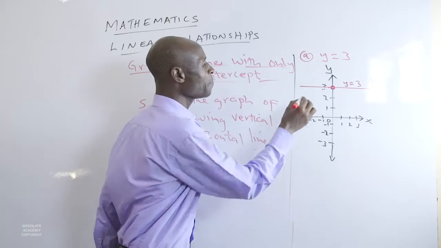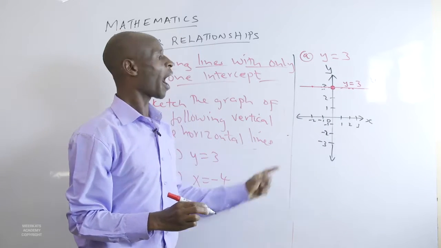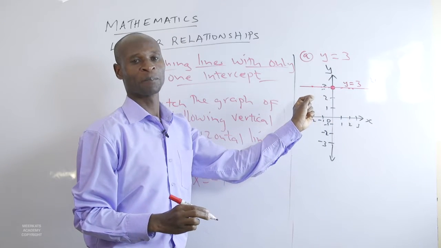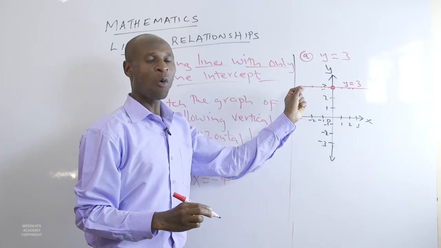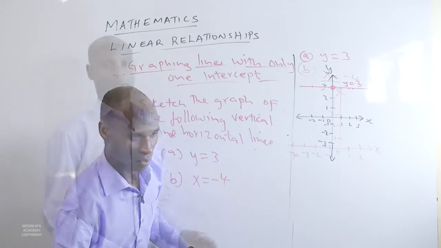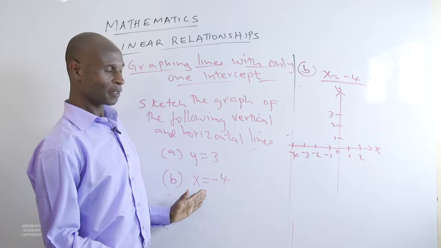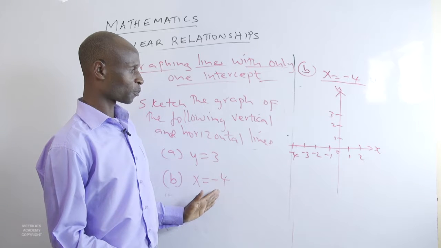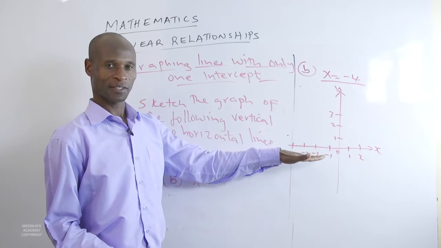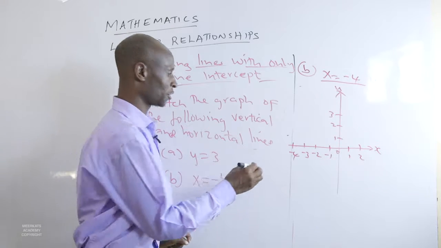That means any point chosen at random along that line, its y value will be 3. However, the x values will be varying. Now, we are considering the line x is equal to negative 4. So this point can be identified along the x-axis. We identify the point x is negative 4 with a dot.